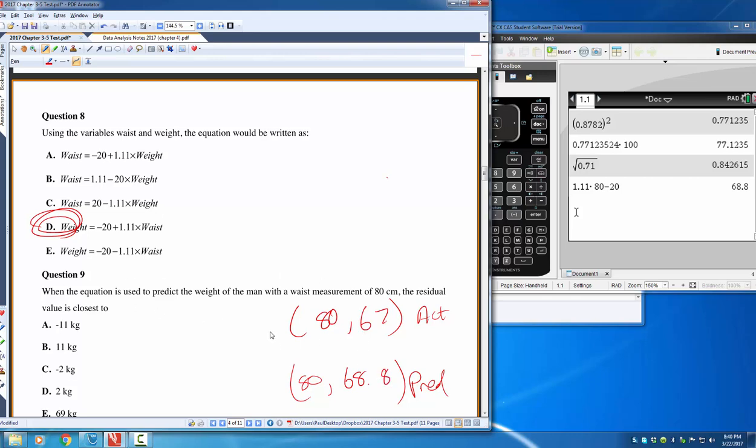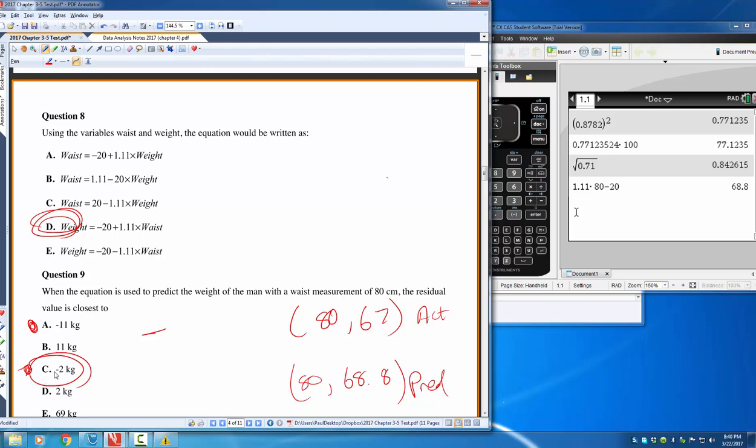Okay, so you might have to dig up the formula on residuals, but what I know is the prediction here is higher than the actual. Okay, so what that's going to mean is that the residual is going to be negative. So that could be my only answer. Looking at the difference between the two, they differ by 1.8, not by 11.